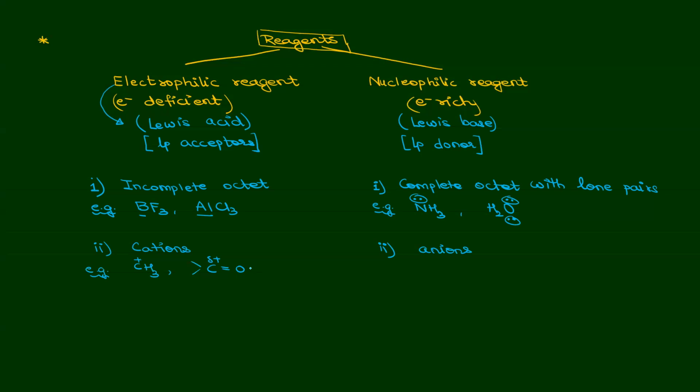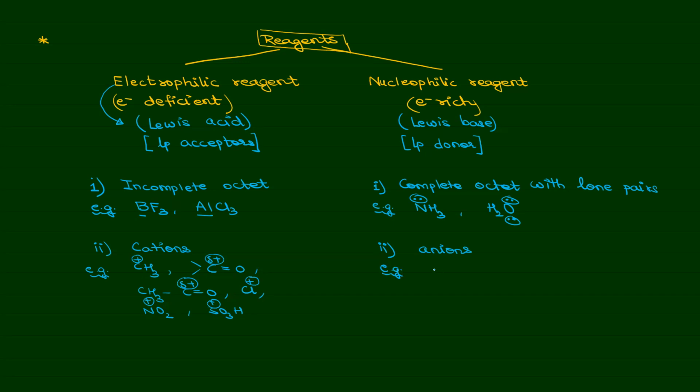And there can be many more examples of cations, like CH3 C double bond O with the carbon having a plus, that is electron deficient. Or I can have a chloronium ion Cl plus, nitronium ion NO2 plus, sulfonium ion SO3H plus. So what you need to understand is any positively charged species would be referred to as an electrophile.